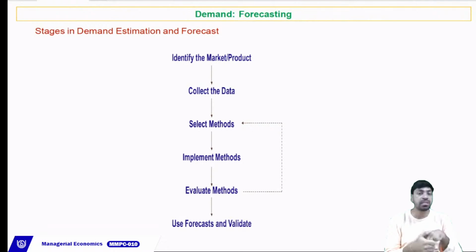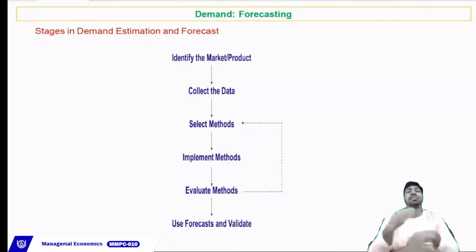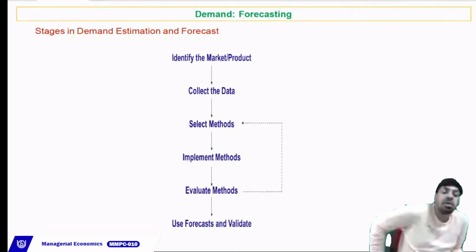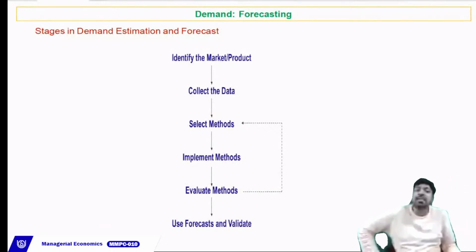Then what scenarios exactly the market stands for, what type of products will be more in demand in the market. So just collect the data. Once you collect the data, then select the method. The methods of forecasting, as I already told, are quantitative and qualitative, mathematical and statistical methods.